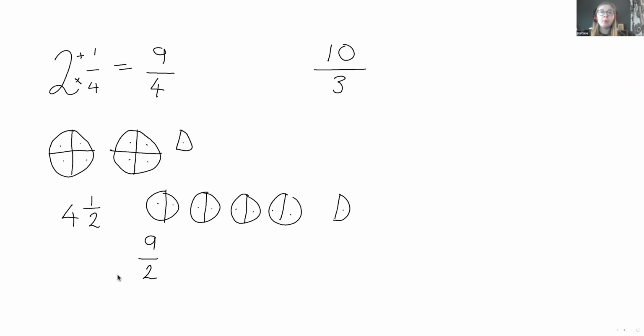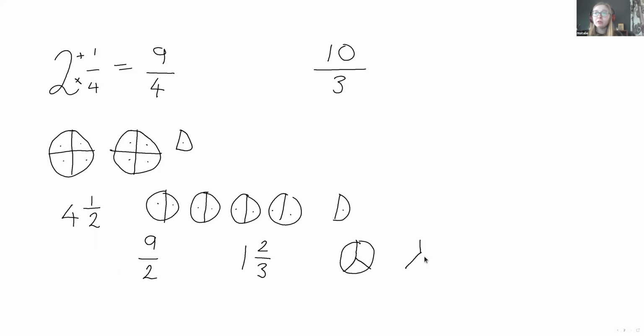Why not have a go at one yourself? I know, exciting. Let's have a go at 1 2/3. Pause the video, have a go. I've got a whole and I've got, which I can split into 3. I'm really rubbish at splitting into 3.